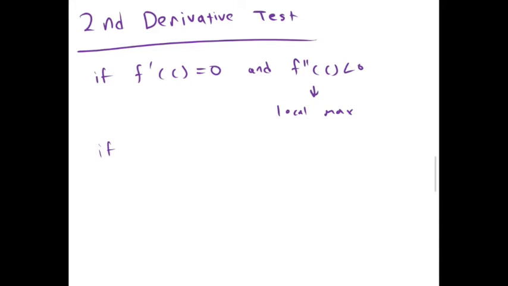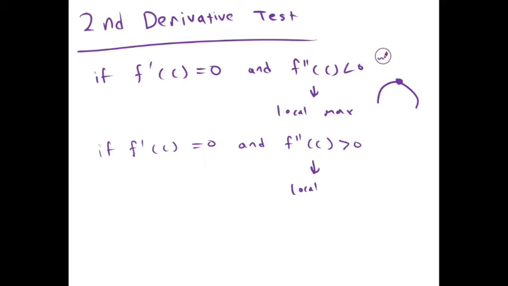The f double prime of c being less than 0 tells us we're concave down. That's why we have a maximum. And if f prime of c is equal to 0 and f double prime of c is greater than 0, then we have a local minimum, because we're concave up.